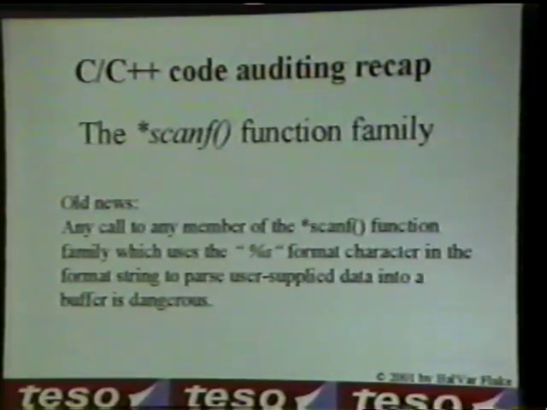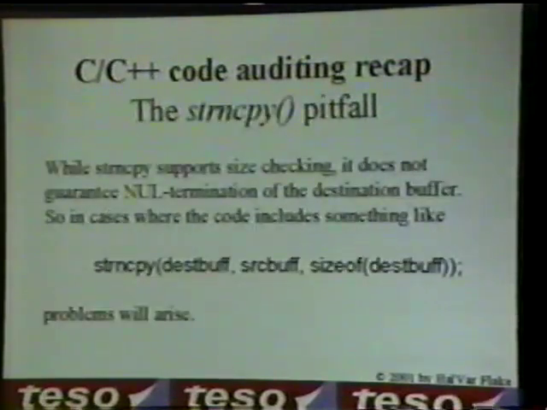Then there's the entire scanf family, which is quite dangerous as well. If somebody parses user-supplied input into buffers using the %s format string, you should have a look at that as well, because that's dangerous.